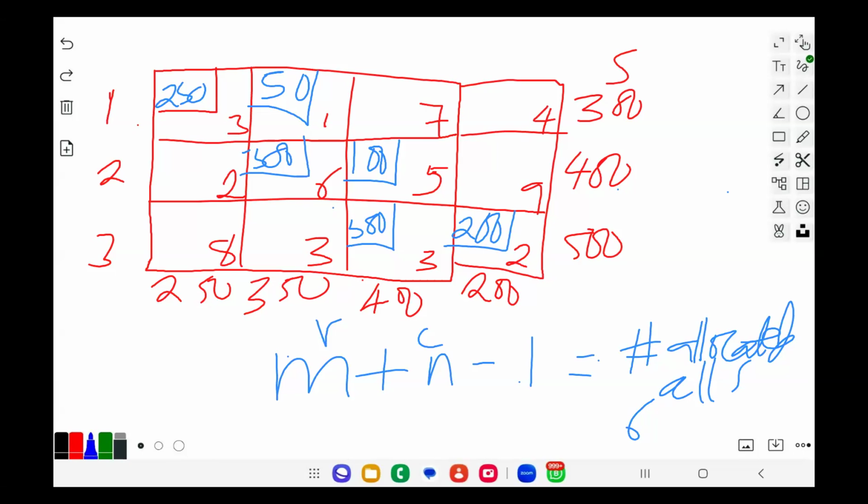We have 3 rows, the horizontal ones, and 4 columns. So 3 plus 4 is 7, minus 1, which is 6. So this rule is obeyed.